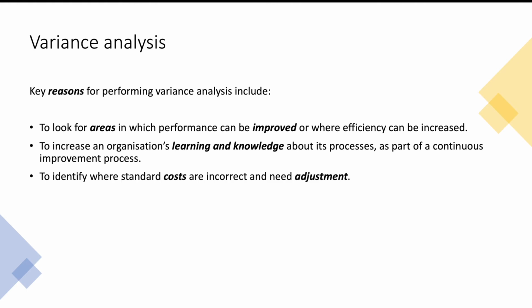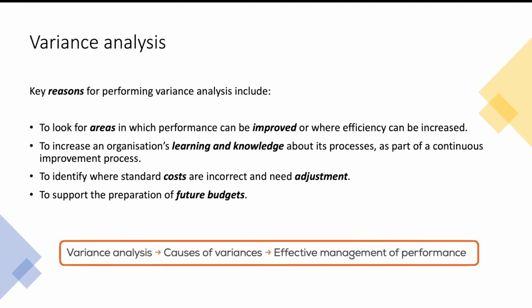The third is to identify where standard costs are incorrect and need adjustment. Number 4 is to support the operation of future budgets, so that we can analyze our data and calculate in the future in an efficient way.